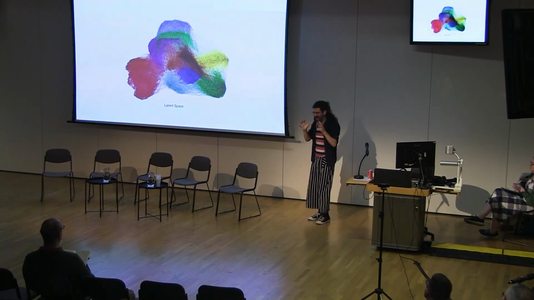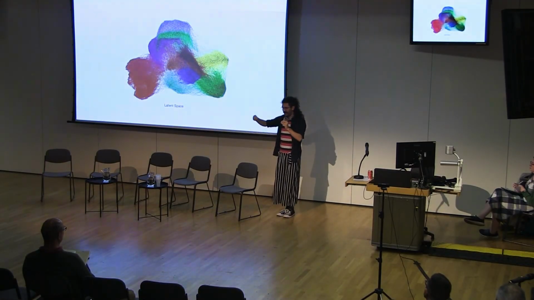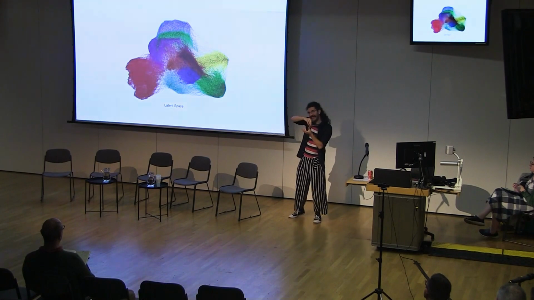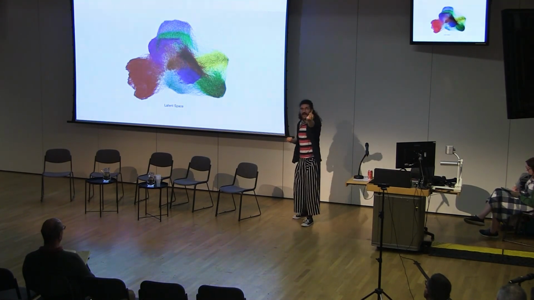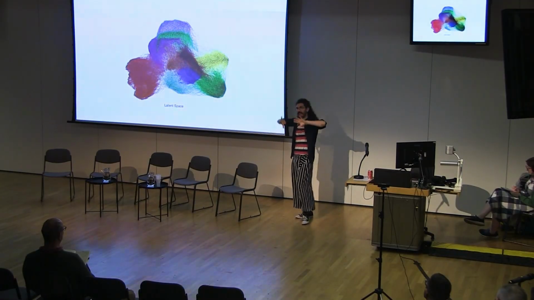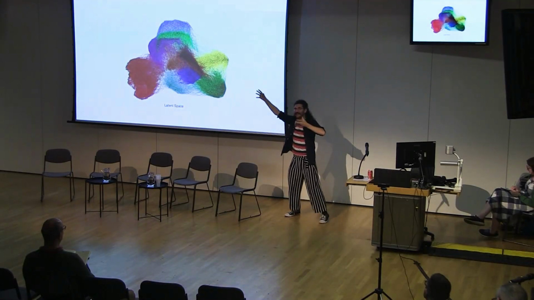Now, what I love about this space is that there's a lot of potential. So there's a queer idea of potentiality. There are in-between spaces, right? So when you say these are the images of male faces, these are the images of female faces, there's a whole in-between space. This is like black faces, white faces.